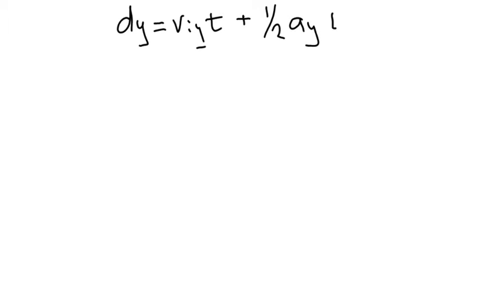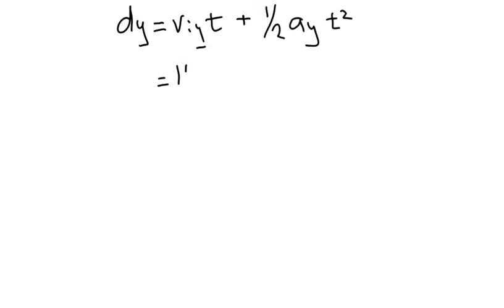Now I can use my time to find my displacements in both the x and the y. I'm going to find the maximum height first. Maximum height is given by dy equals VIYT plus 1/2 AYT squared.